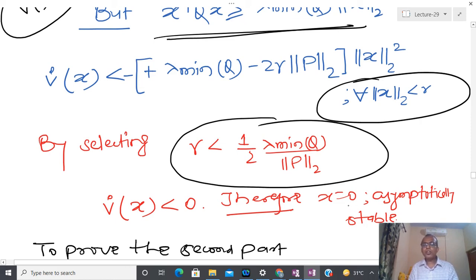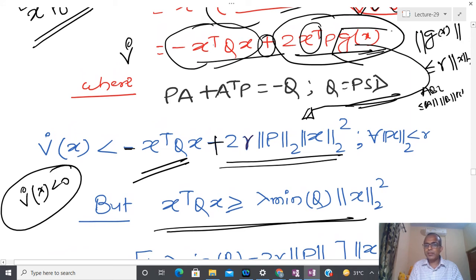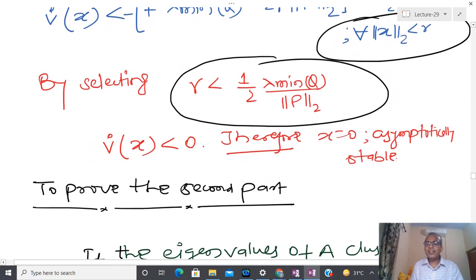By the help of the bound on gx, you can see that everywhere I have used the bound of this function gx, and using that bound I can tell under which condition V dot of x is less than 0. I can show that if gx is less than or equal to gamma times the norm of x, and x is less than r, then only this result is true.